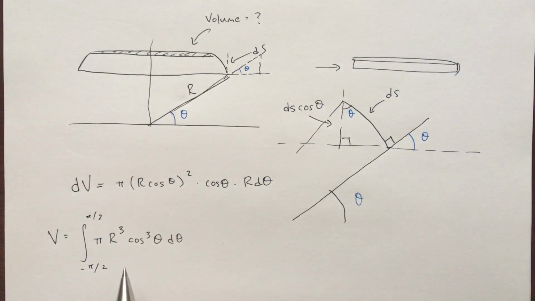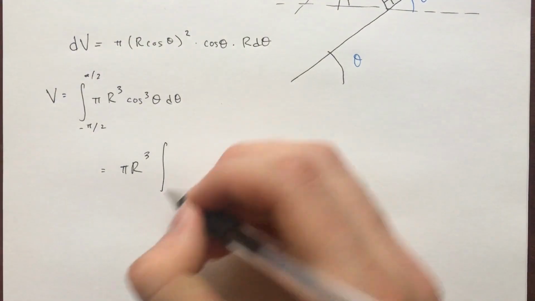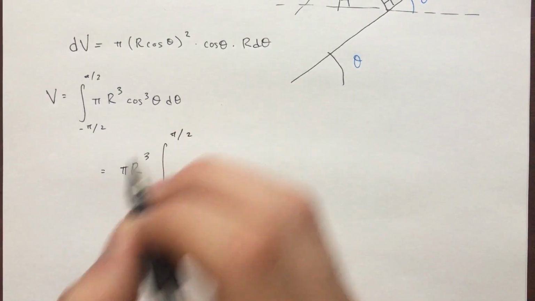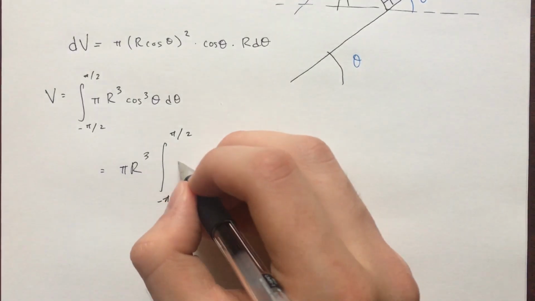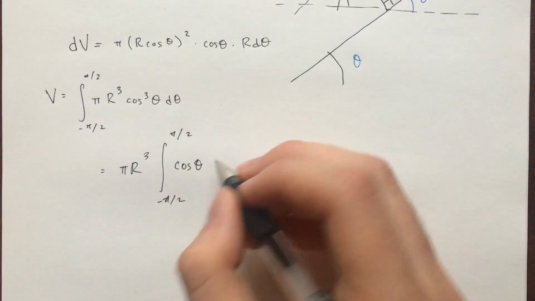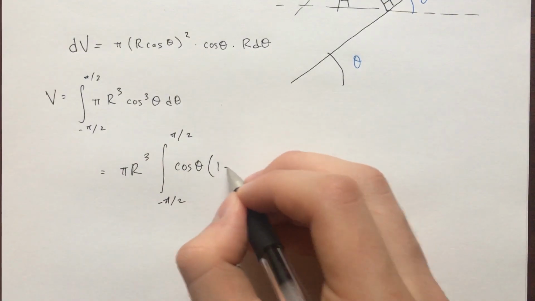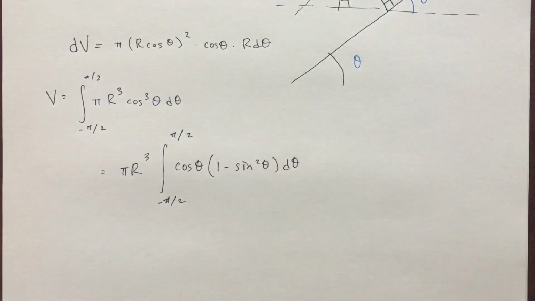So let's do this integral. Let's pull out the constants. Now we have the integral of cosine cubed theta. Well, we can write that as cosine theta times cosine squared theta, which is simply 1 minus sine squared theta, d theta.